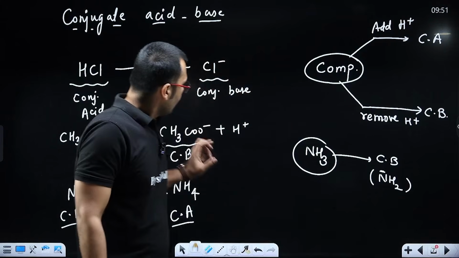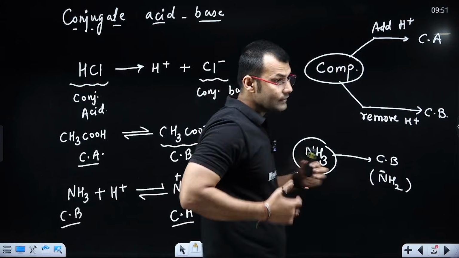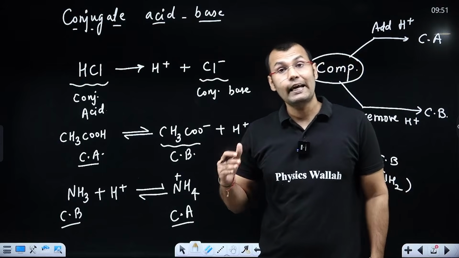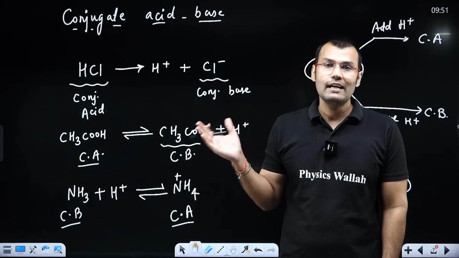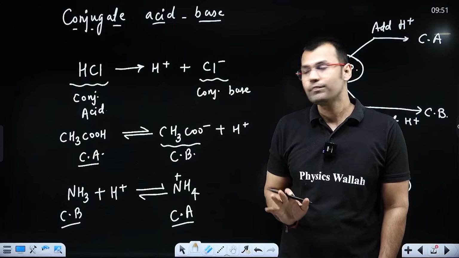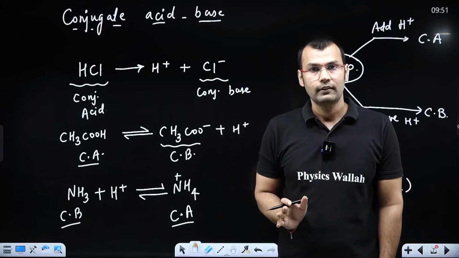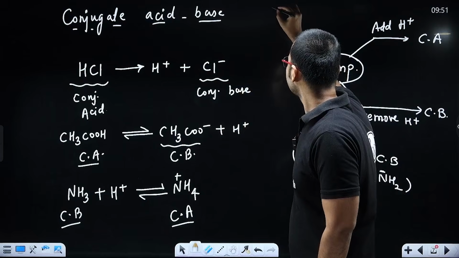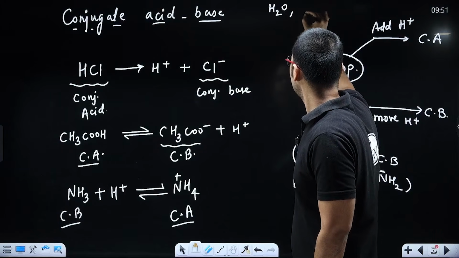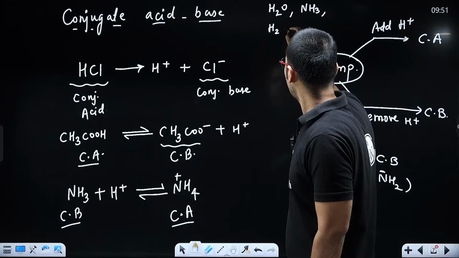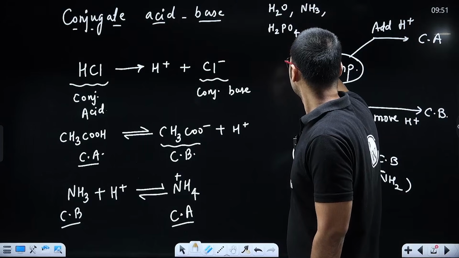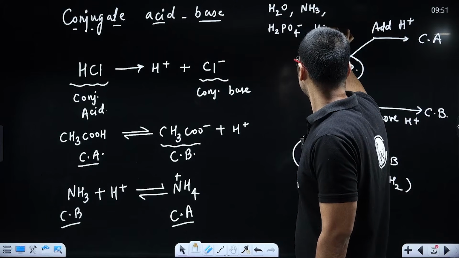Also, according to Bronsted, there are certain compounds which can accept as well as donate H plus. So they are like amphoteric substances according to Bronsted. Some common examples are water, NH3, H2PO4 minus, HSO4 minus.